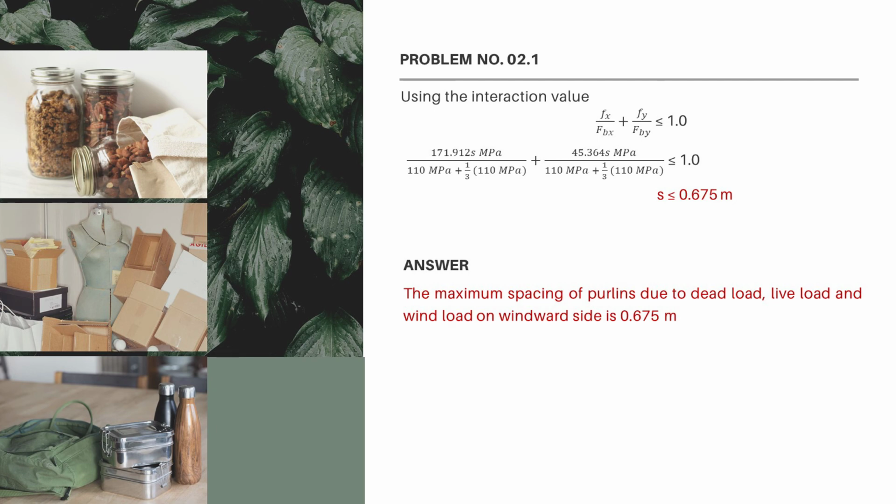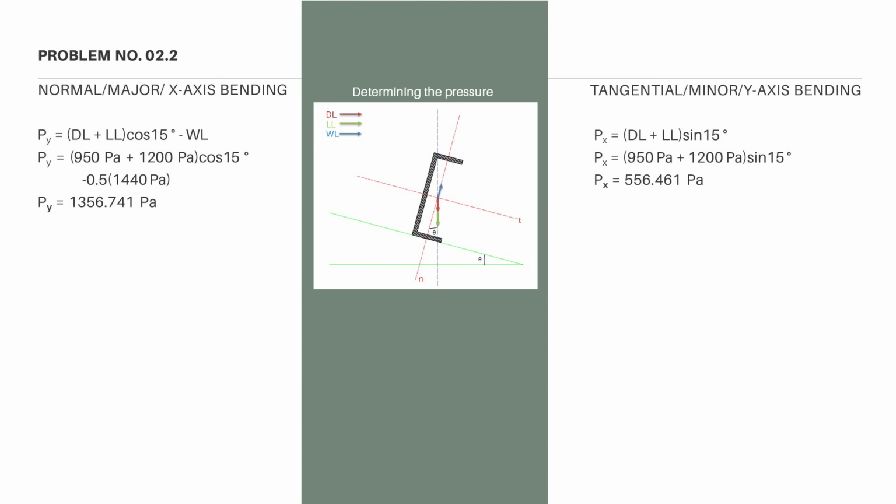So, as stated in the problem, the combination of wind load, dead load, and live load permits the addition of allowable stress by 1/3 of it. Therefore, the maximum spacing of purlins due to dead load, live load, and wind load on the windward side is 0.675 meter.